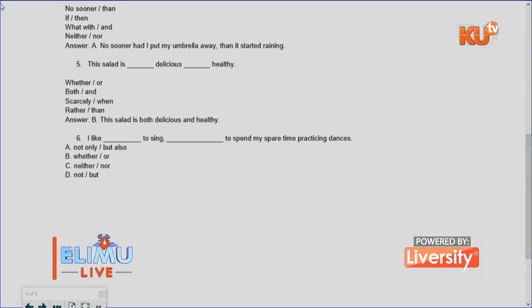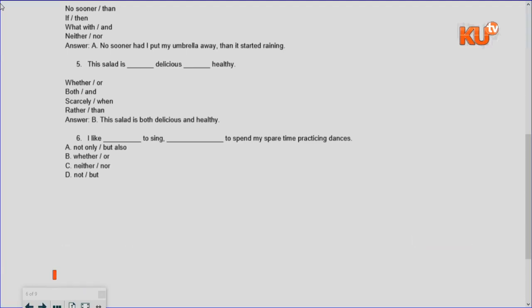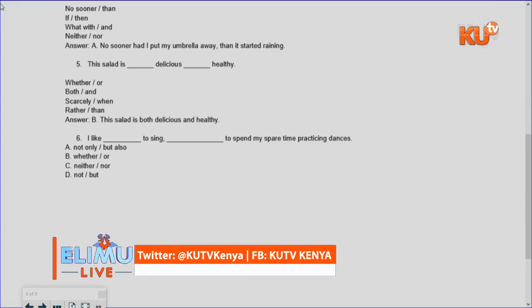I like to sing. I like dash to sing dash to spend my spare time practicing dances. I like not only to sing but also to spend my spare time practicing dances. I like whether to sing or to spend my spare time practicing dances. I also want you to note the punctuation of that sentence, that the first clause is separated from the second clause using a comma.